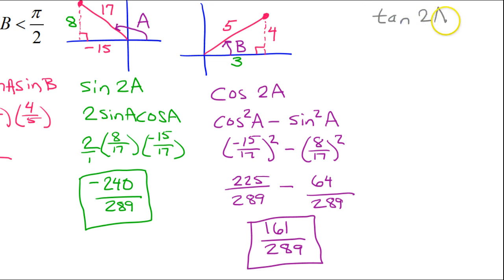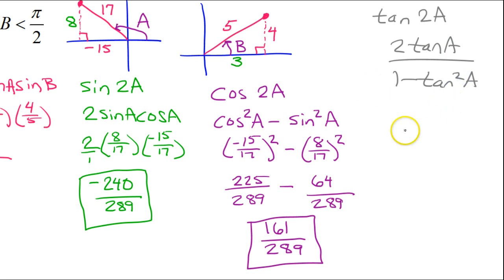And just like I did last time, I'm going to do a shortcut. I mean, there's a formula for the tangent of 2A. And the formula goes 2 tangent A over 1 minus tangent squared A. Okay, so I could do that formula if I wanted to.